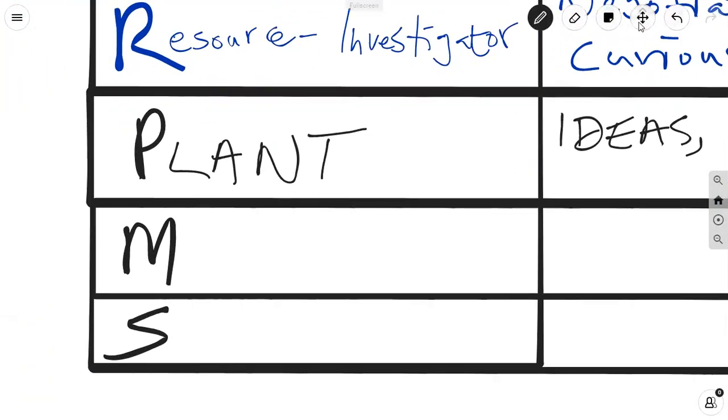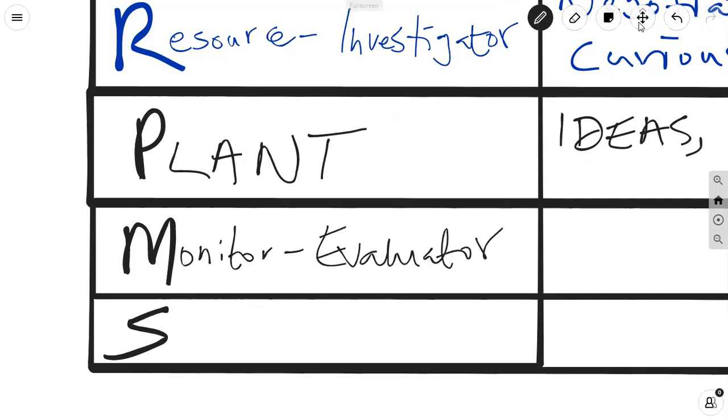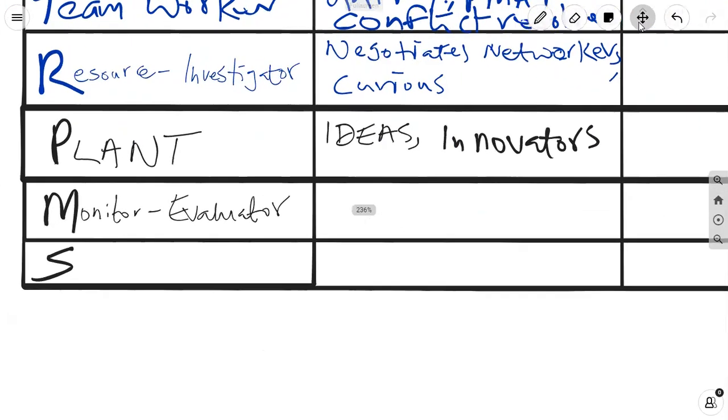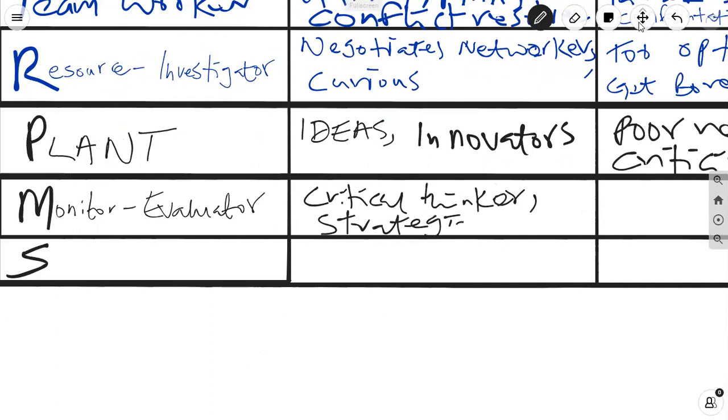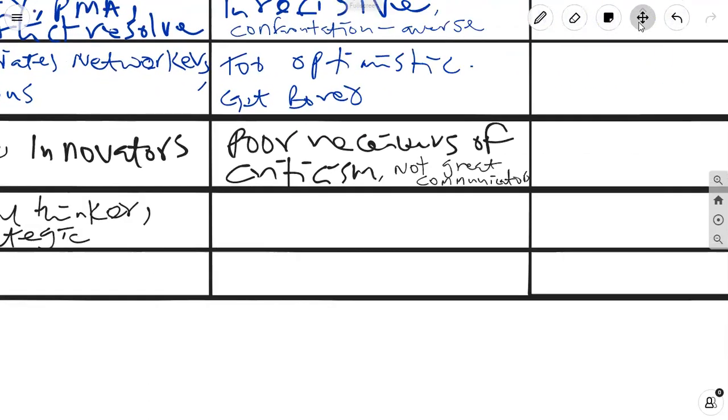What does the M stand for? Monitor, evaluator. What is a monitor evaluator? A monitor evaluator is a critical thinker, very strategic. And you need people like this on your group. These are the people who help you think before jumping into action. They may really give it a good thought and consequently be slow to act.